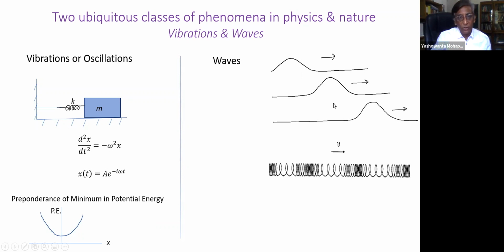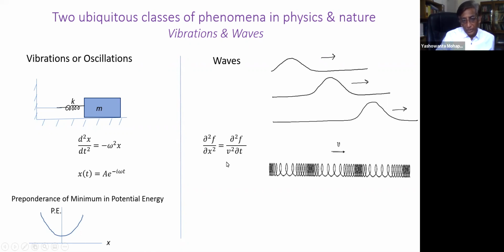So this we know is the transverse wave, meaning that the displacement of the string is perpendicular to the direction of propagation. And here in a slinky, the disturbance travels in the same direction as the slinky is vibrating, and that is a longitudinal wave. So there are two major types of waves, and they follow the wave equation.